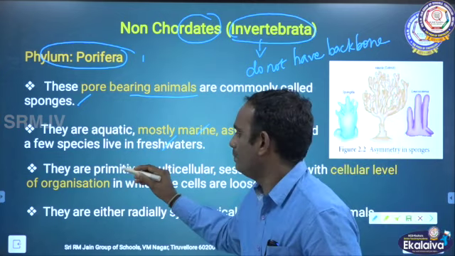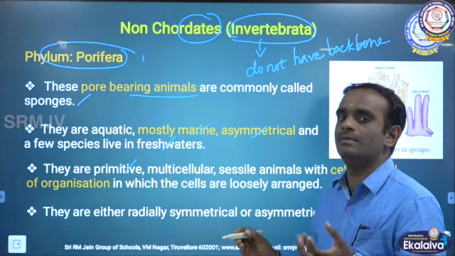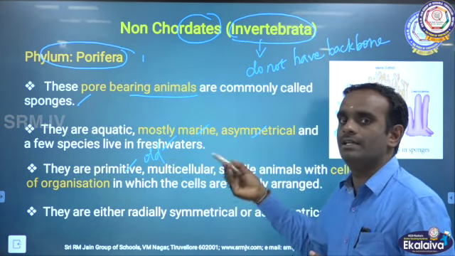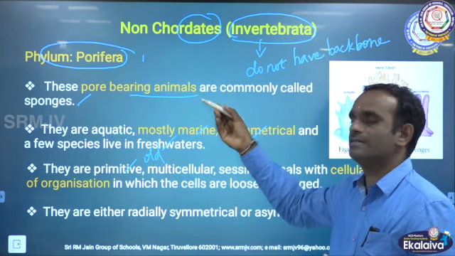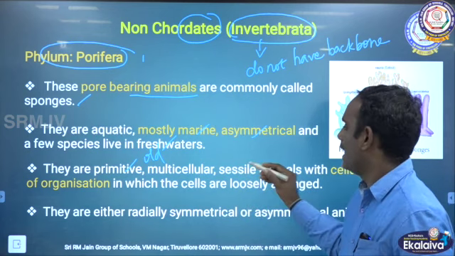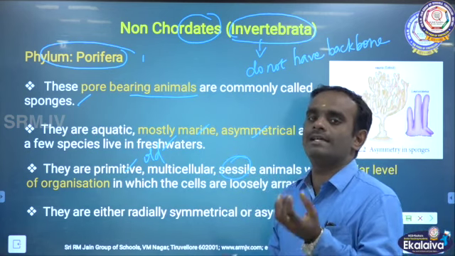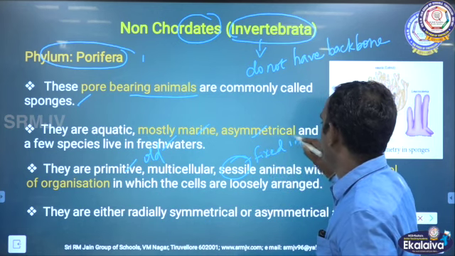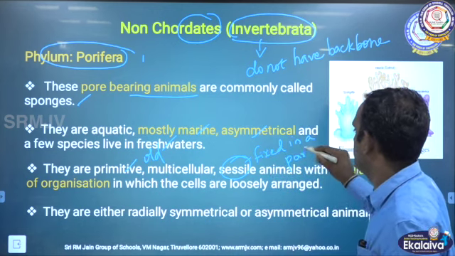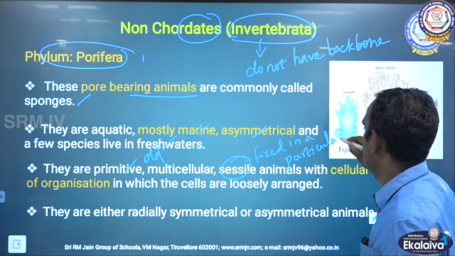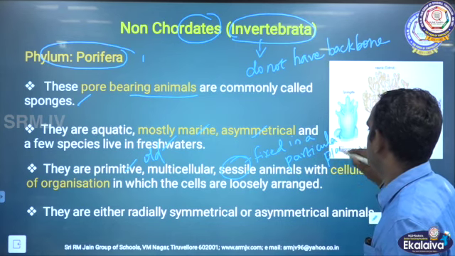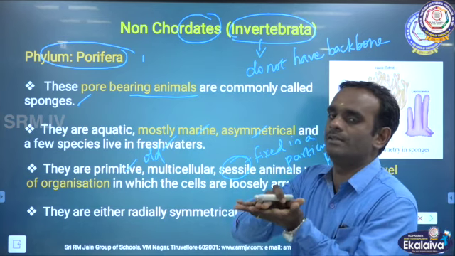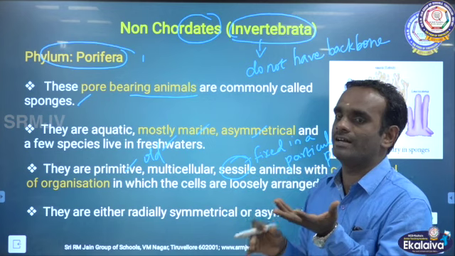Then they are primitive. Primitive is nothing but old, and it is a multicellular organism. Sponges are multicellular organisms and they are sessile. Sessile is nothing but fixed in a particular place. So, once the organism is fixed in a particular place, it is a sessile organism.